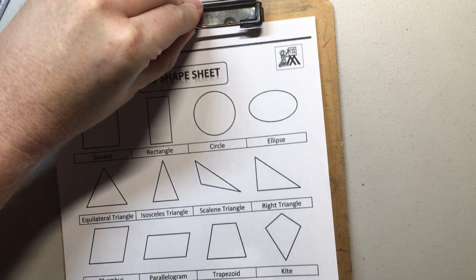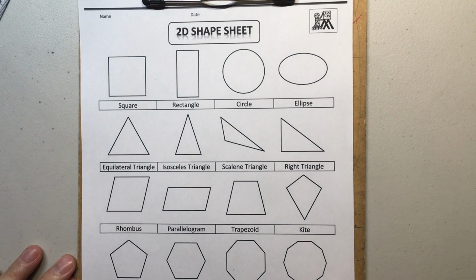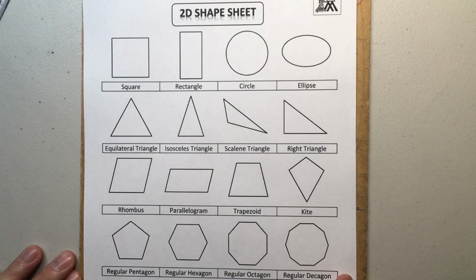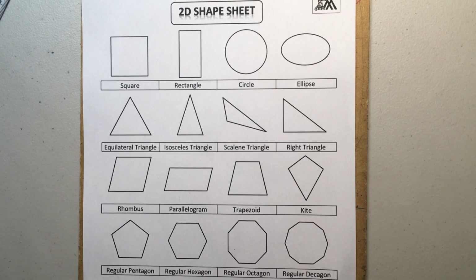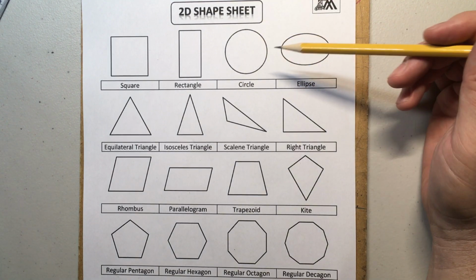All right, the next thing I want to take a look at is I want to go back to the 2D shapes. Now, remember I asked that question earlier: which ones of these are not polygons? Hopefully you remember the definition of what is not a polygon, and that a polygon does not have curved sides.